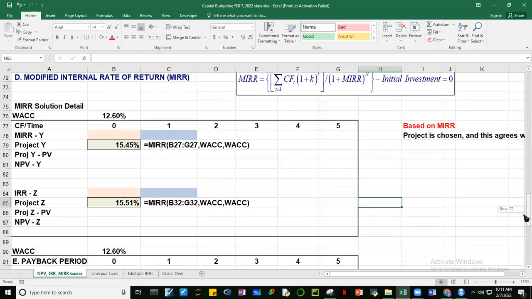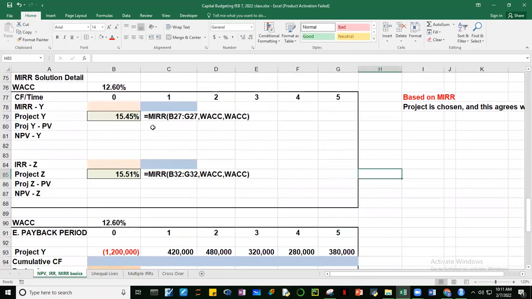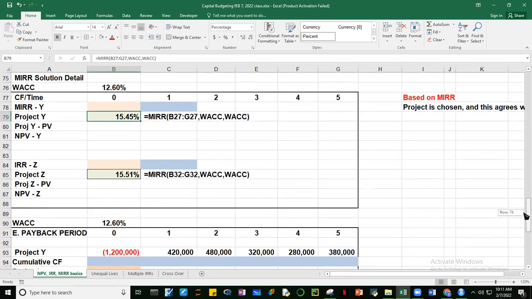Okay, so you can see here, guys, that based on MIRR, no, mas mataas yung MIRR ni project Z, yung modified internal rate of return as compared to project Y. So since project Z has the higher MIRR, then we can say that indeed project Z is the better project compared to project Y.